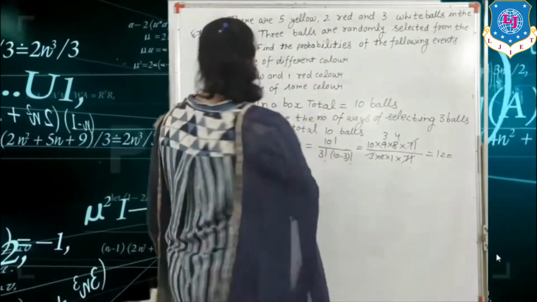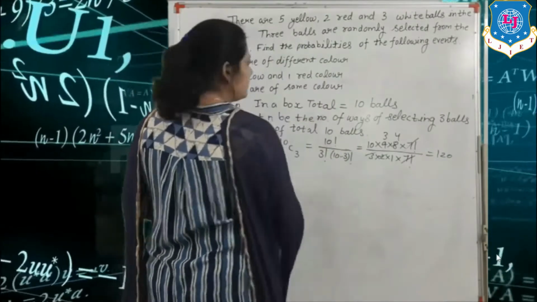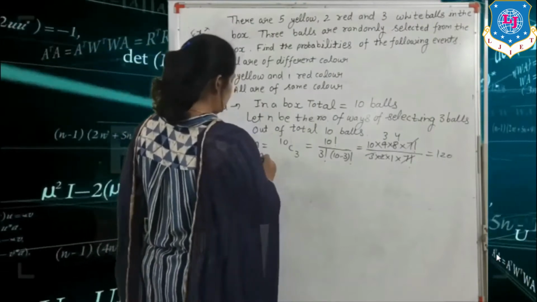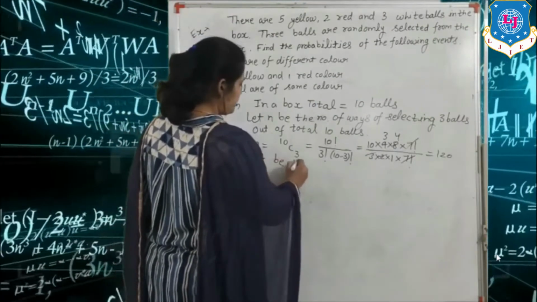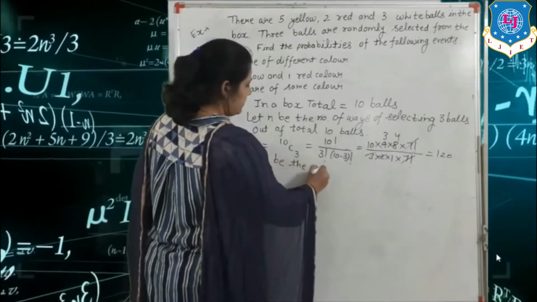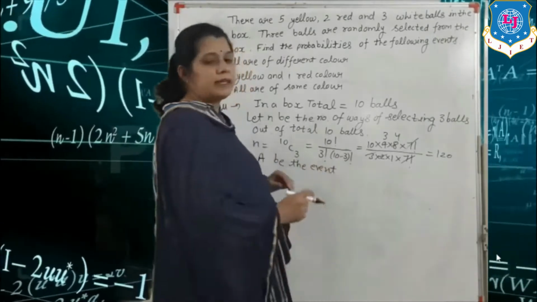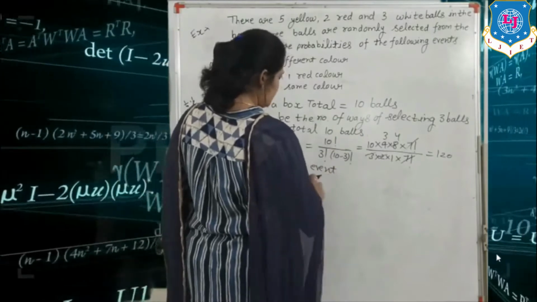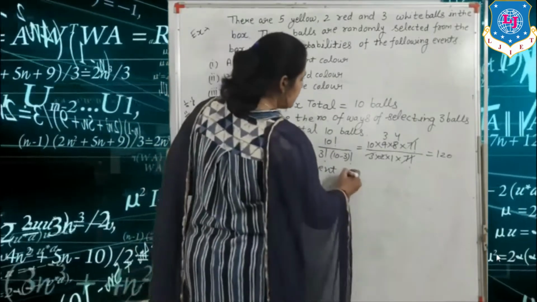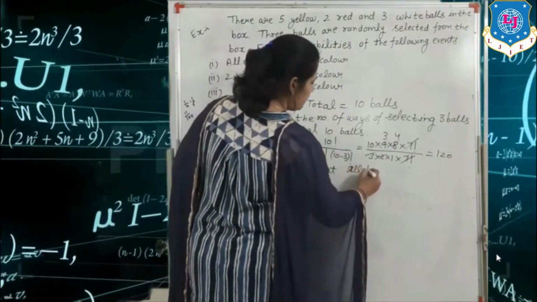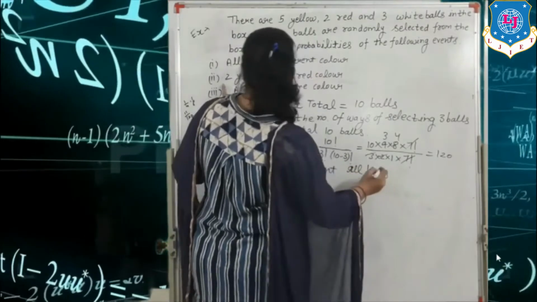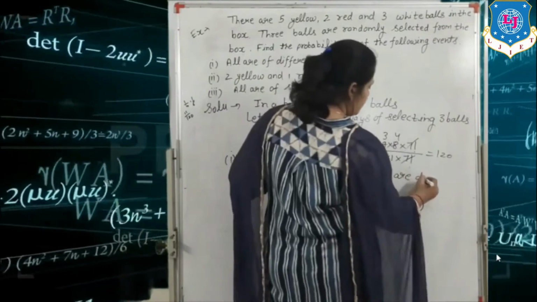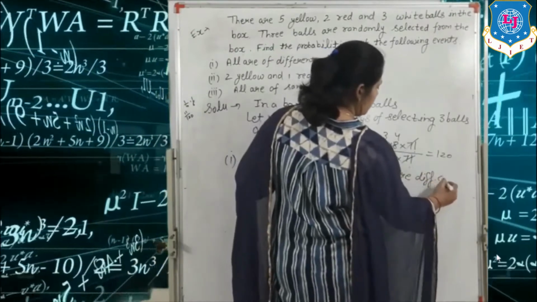First we write number 1. Let capital A be the event defined as follows: all balls are of different colors.